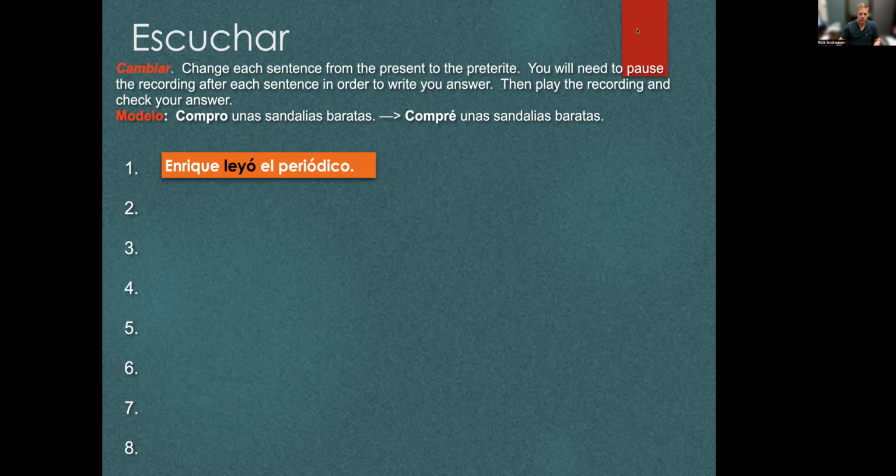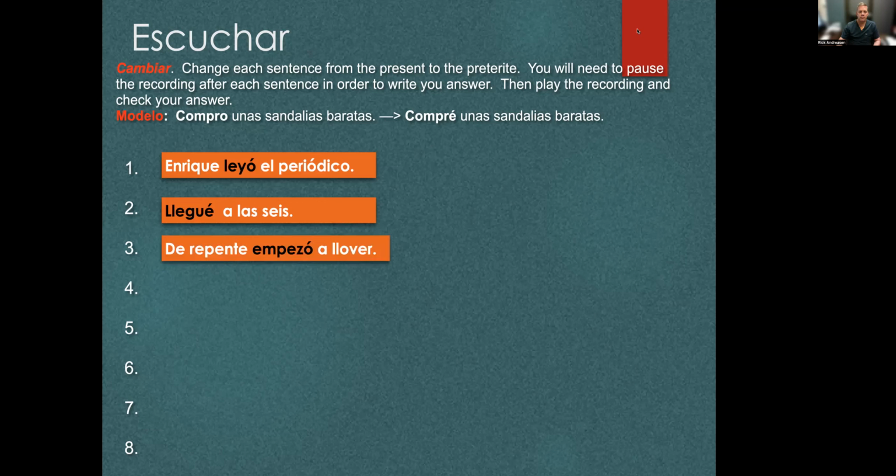Llego a las 6. Llegué a las 6. 3. De repente empieza a llover. De repente empezó a llover. 4. ¿Escribes a tu mamá? ¿Escribiste a tu mamá?